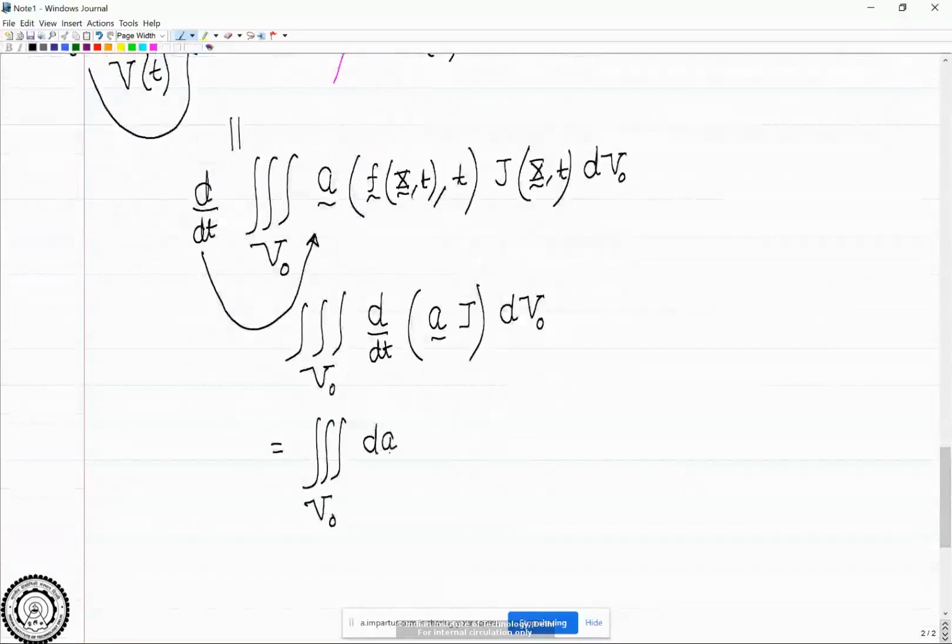So this is dA by dt, remember that it is a total derivative all along, into J plus A times dJ by dt.